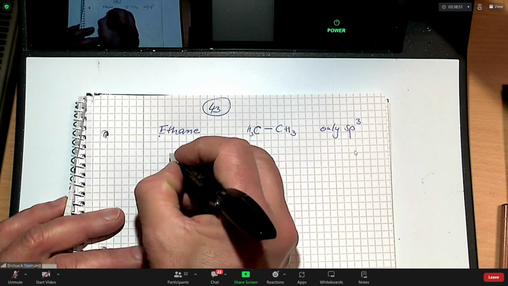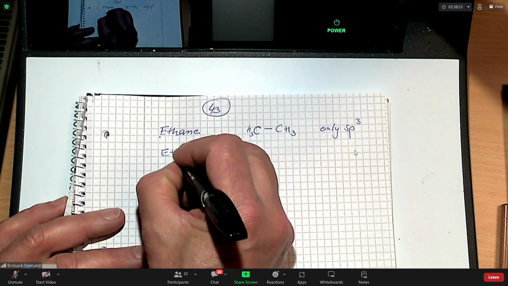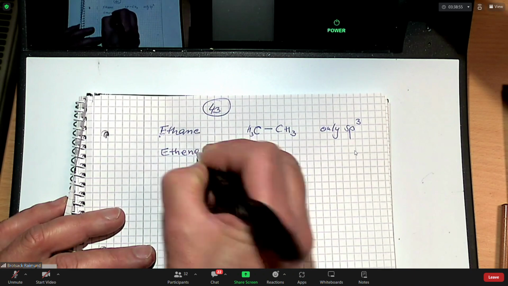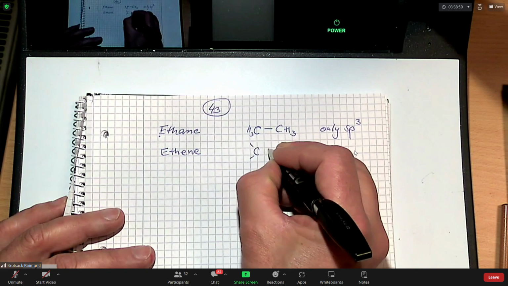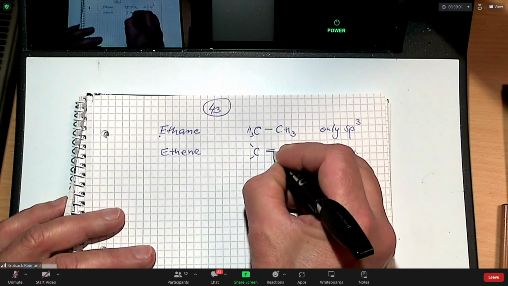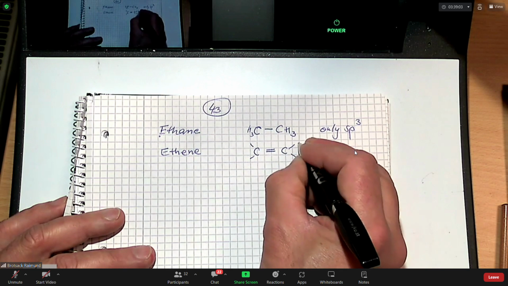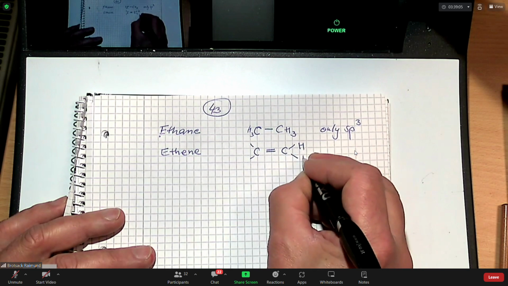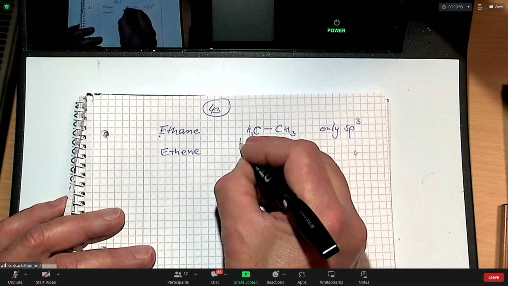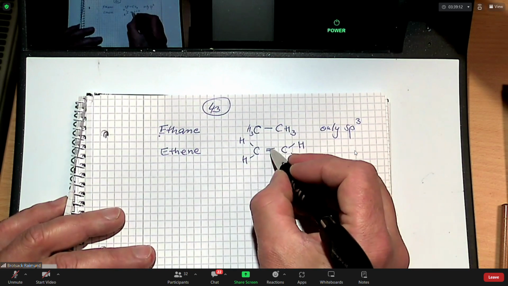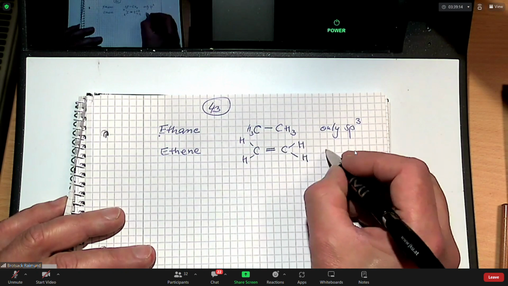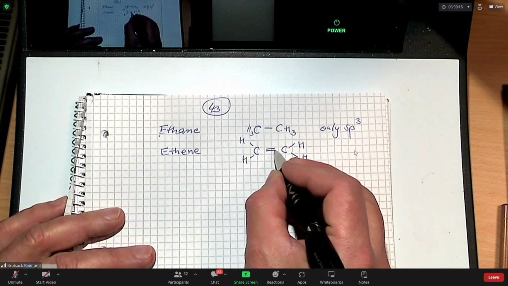Ethene. Now, here we have a double bond. So we have CH2, now the double bond, and CH2. The single bond is sp3, and the double is sp2.